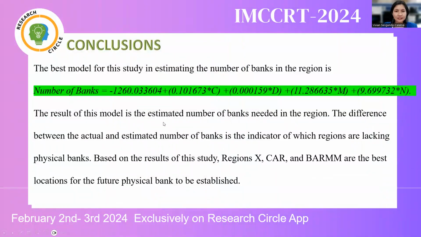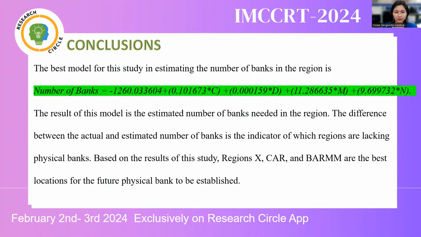So this study concludes that this is the equation to estimate the number of banks needed in the region. So if the following variables are updated or available, the population density and the mentioned variables, we can estimate the number of banks needed by the region.